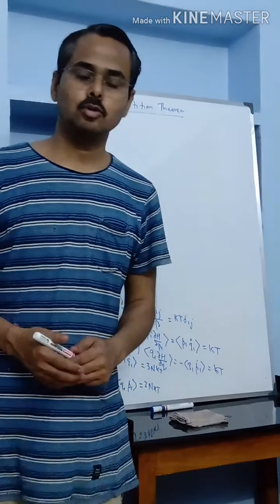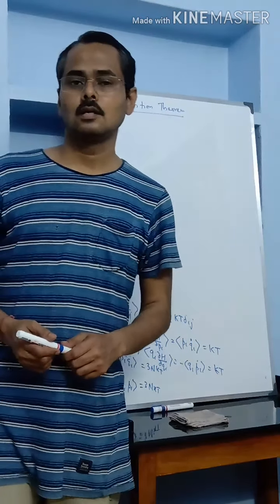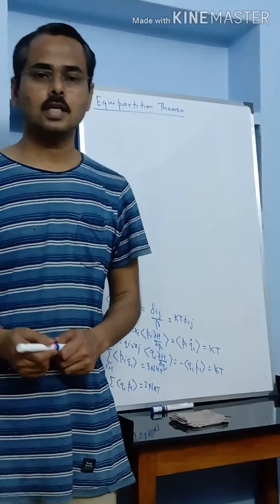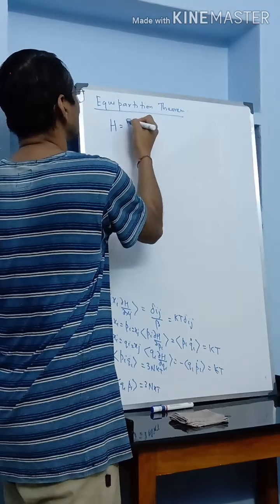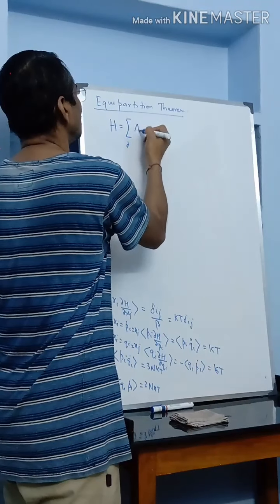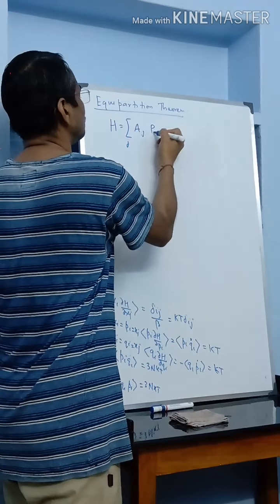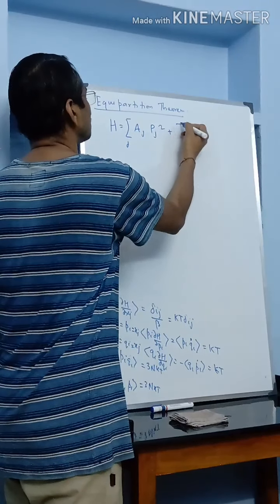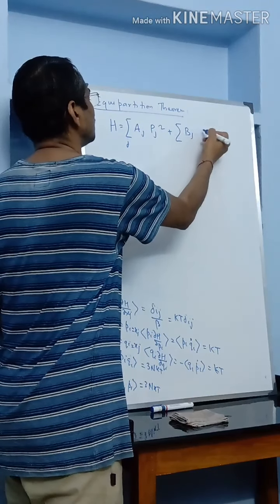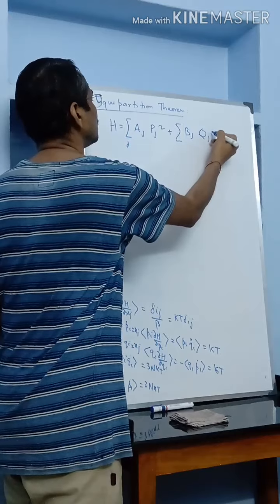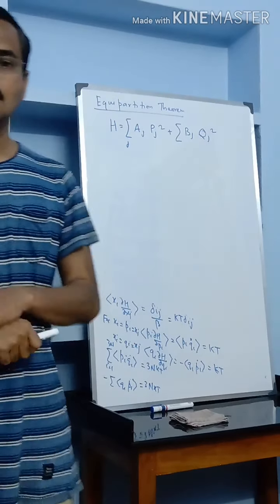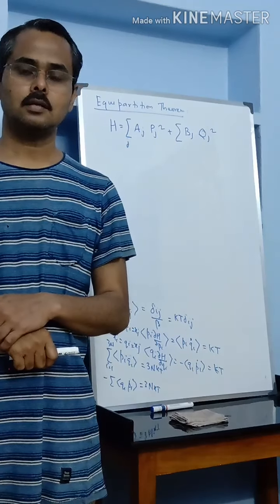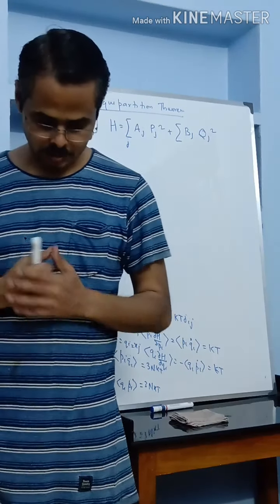Now, by a suitable choice of the canonical transformation, we can write a Hamiltonian as summation over j of aj Pj square plus bj Qj square, where capital Pj and capital Qj are the transformed canonical coordinates.